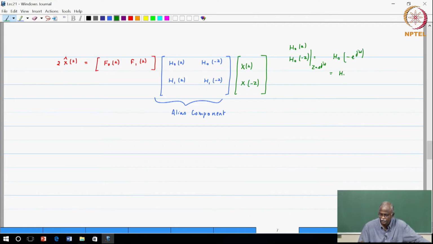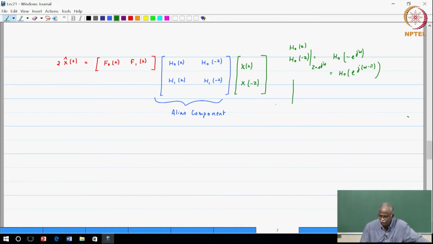This can also be written as e to the j (omega minus pi). The reason we like this is that the spectrum got shifted: whatever was at center frequency 0 now shows up at pi.